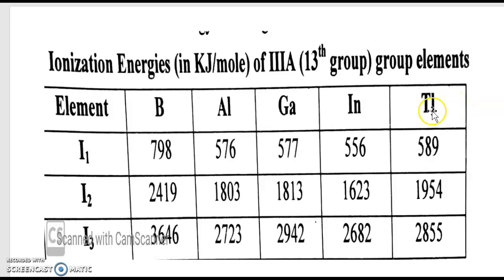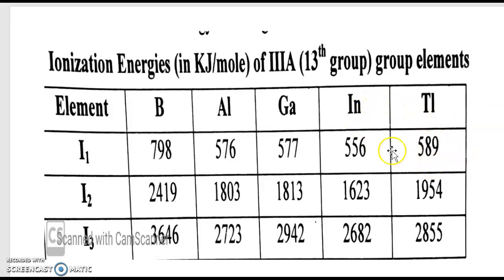Here the first ionization energy values are mentioned: boron shows 798, aluminium shows 576, gallium shows 577, indium shows 556, and thallium shows 589.